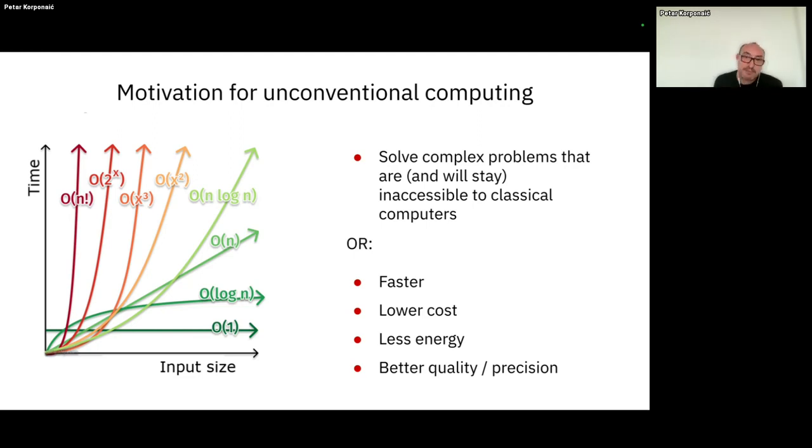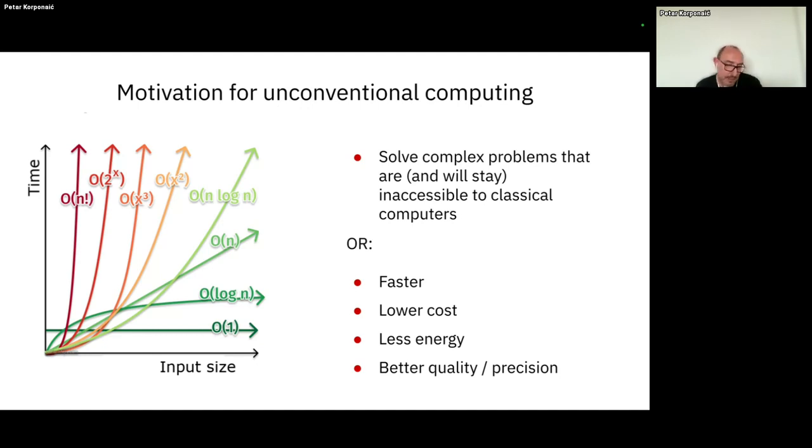With artificial intelligence, which has boomed in the last few years, we have even higher demand for information processing, and we need to think about alternative ways to perform computation.